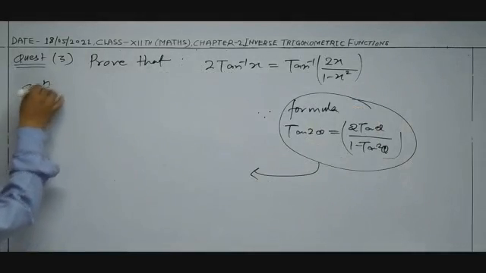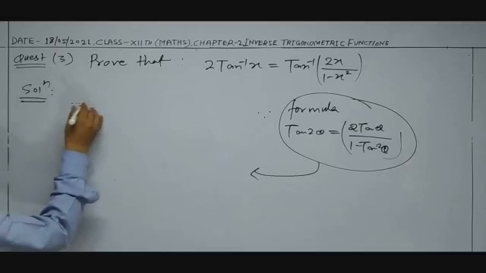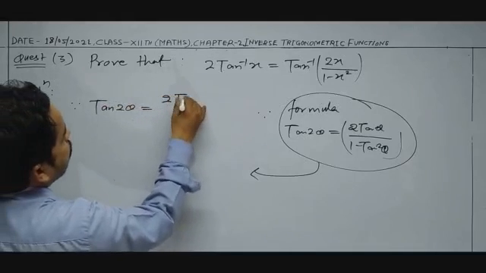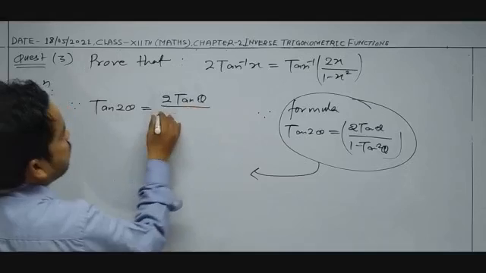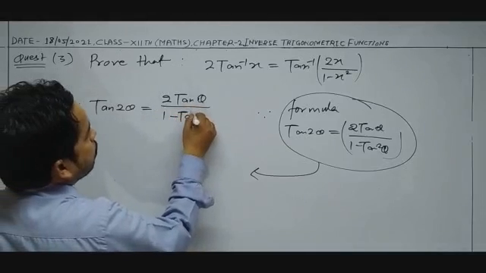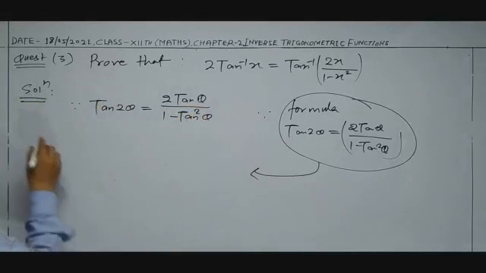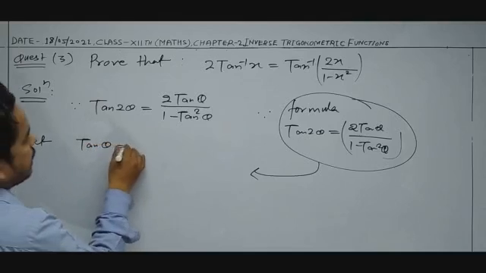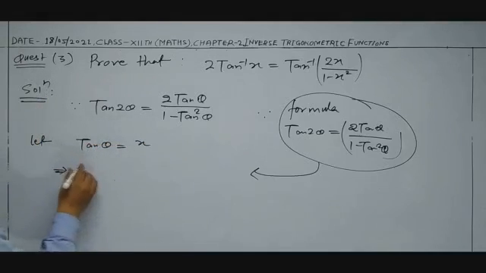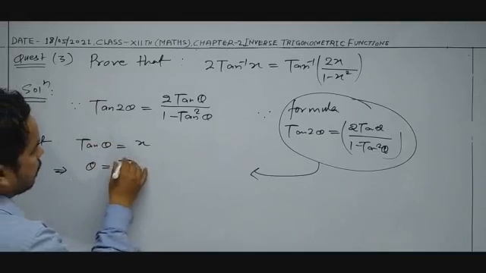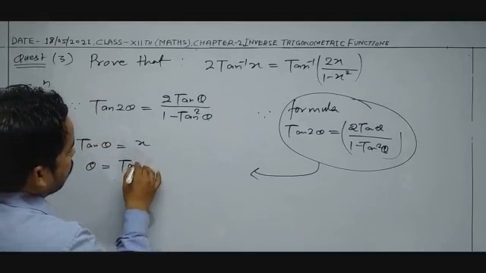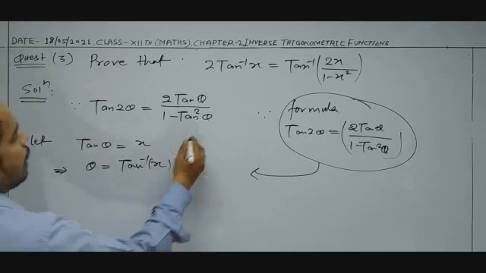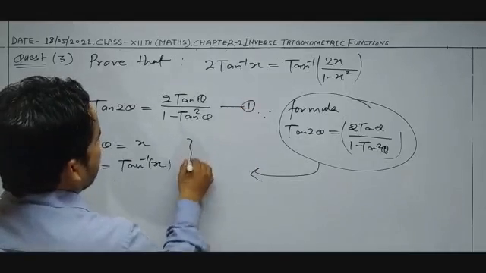Solution. Since tan 2 theta is equal to 2 times tan theta whole upon 1 minus tan square theta, call this equation 1. Let tan theta be equal to x, which implies theta is equal to tan inverse x, equation 2.